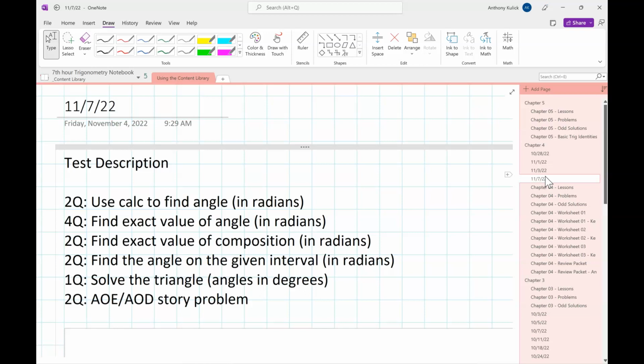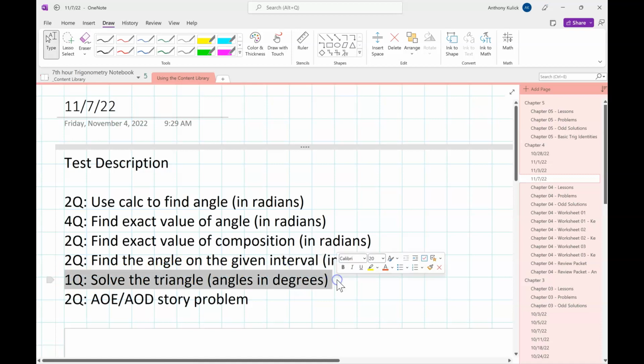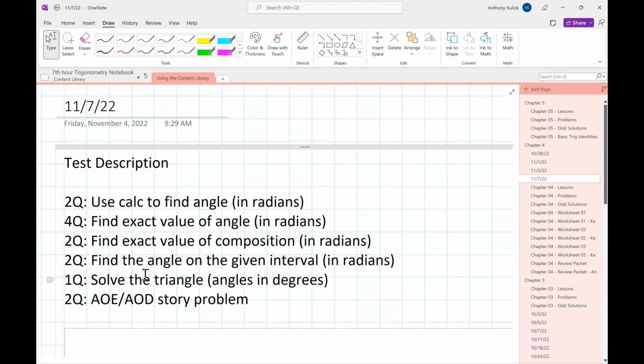What do you guys think? What thing might be helpful for the solve the triangles problems? If it's a right triangle, SOHCAHTOA, right? In trigonometry, if you're dealing with right triangles, you almost are always going to be using the right triangle definition for sine, cosine, tangent, right? SOHCAHTOA. If you don't have that memorized, maybe you want to include that.